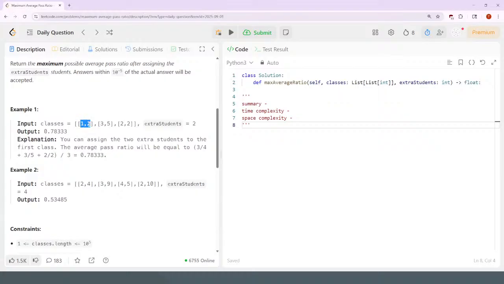If you assign one, it becomes 2/3, and then if you assign another one, it becomes 3/4. So you make this 3/4, 3/5, and 100%. You assign the 2 extra students to the first class, and then the average is that.